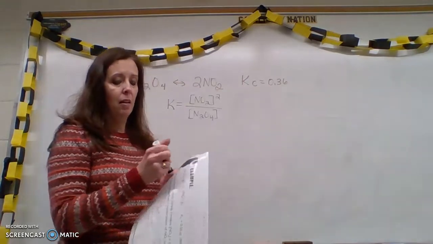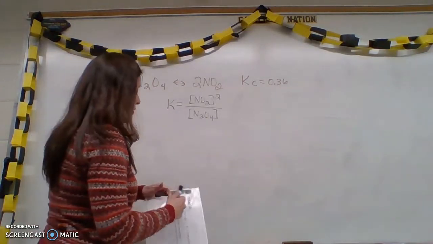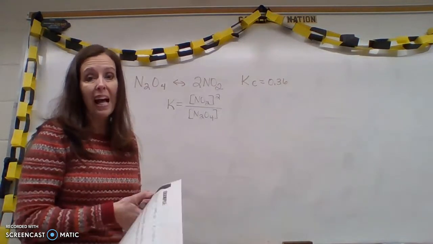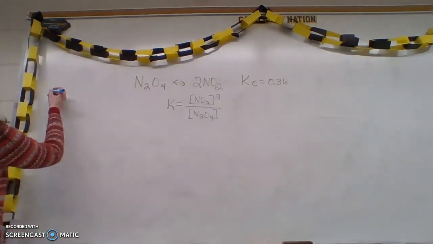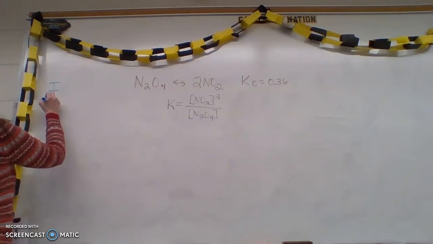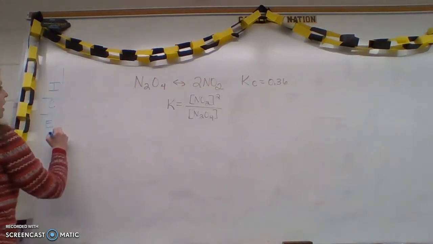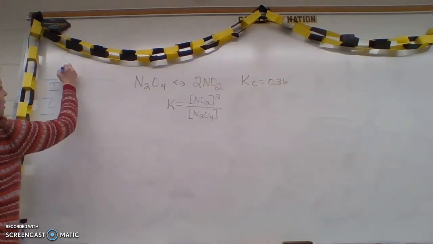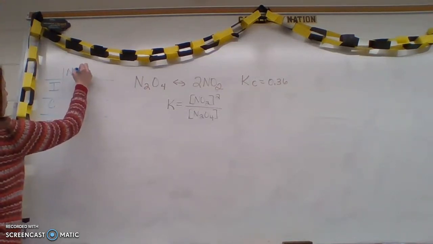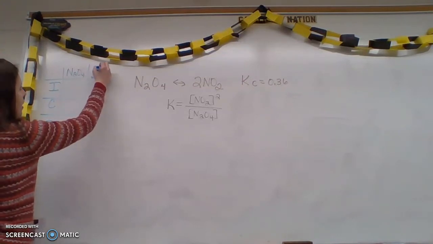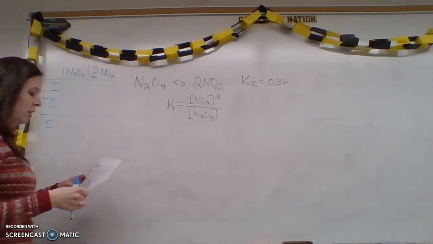And then, because I know that I'm given all these and I'm looking for change, I'm going to make my ICE table, okay? ICE. And so I'm going to have N2O4 there. And I'm going to put this 2 here to remind me that that's going to look like that.